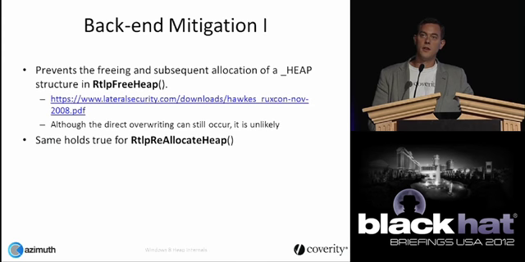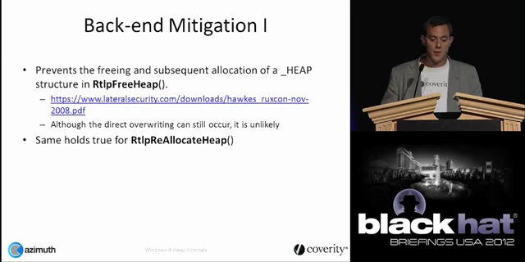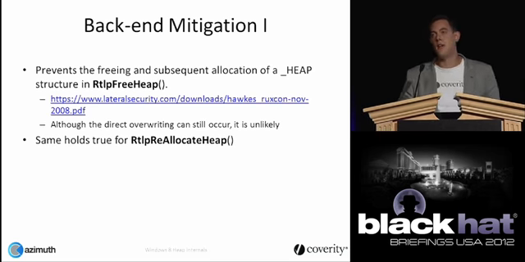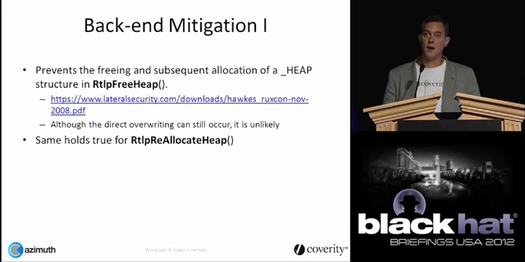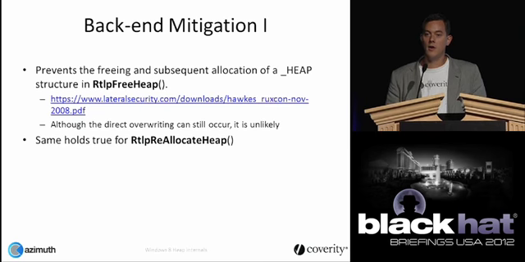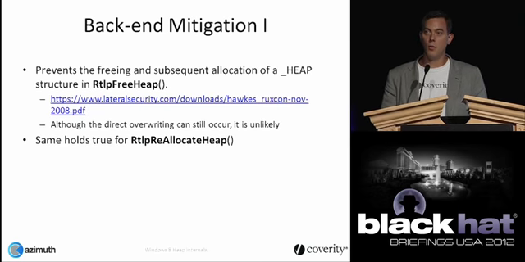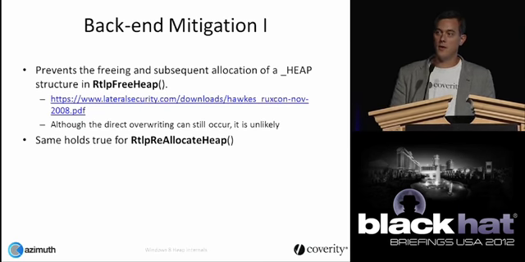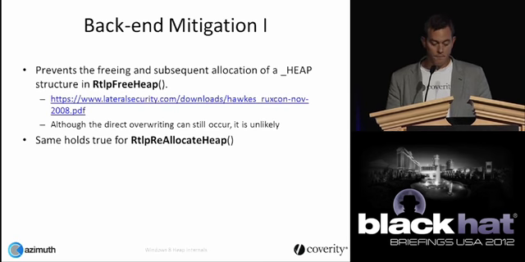On to the exploitation mitigations. And like I said, there are a lot of these. The first one I'm going to talk about is from back in 2008, Ben Hawkes, if you're counting name drops, that's going to be one. It may happen several times. Ben Hawkes came up with a technique where if you could free a heap handle and then subsequently allocate that memory, you could overwrite the heap handle with data that would permit the attacker to get code execution upon allocation.